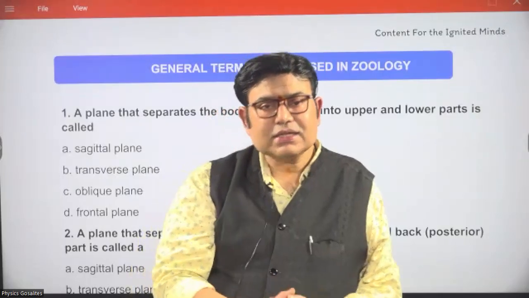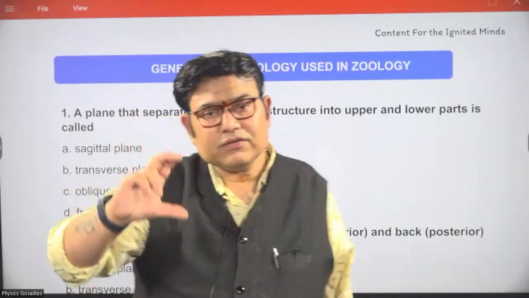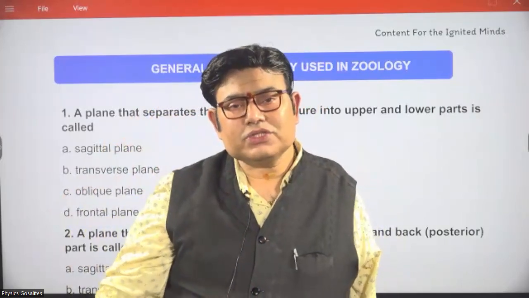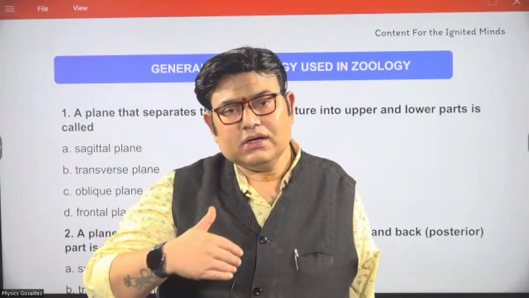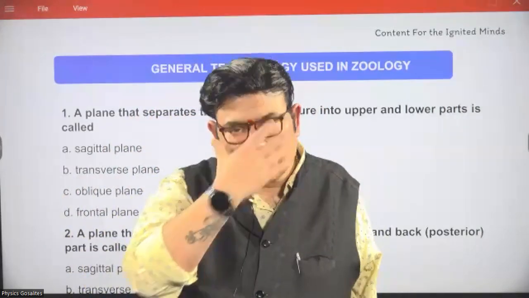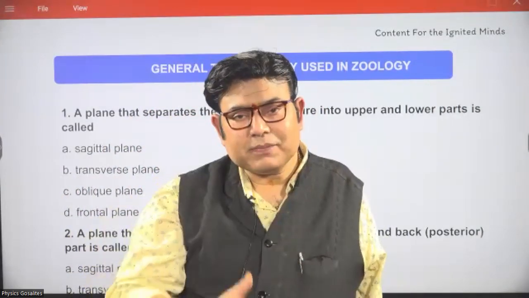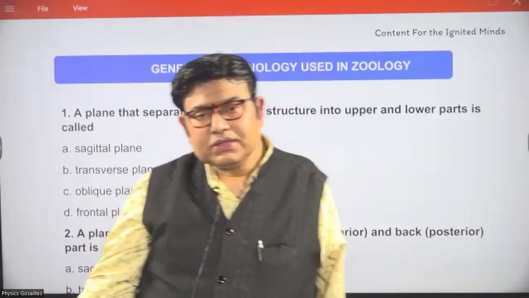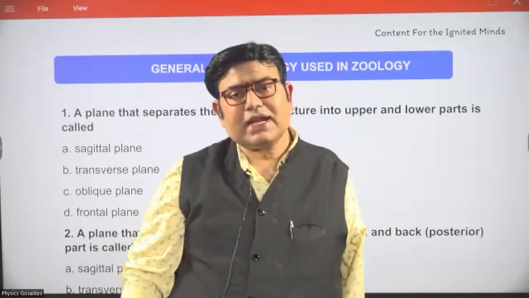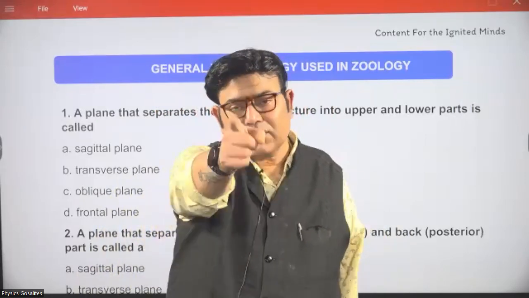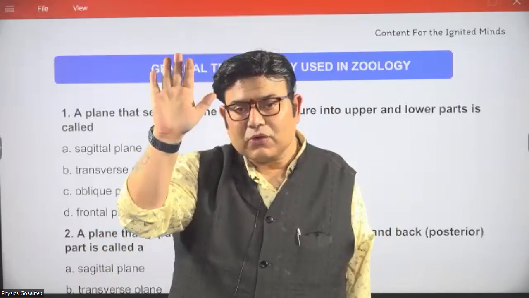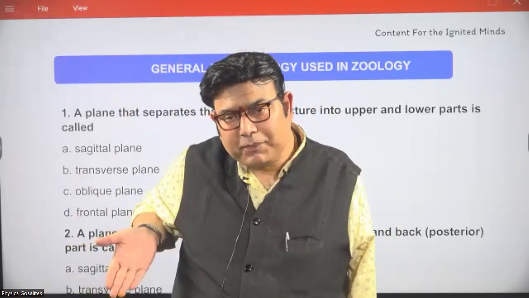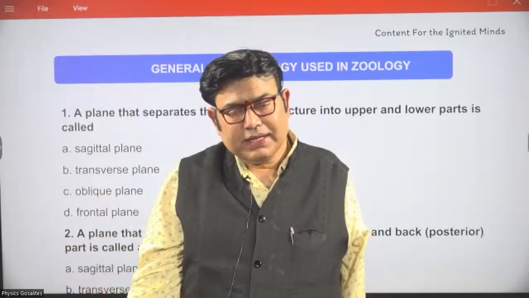In the last half an hour of yesterday's class, we discussed the anatomical position of the body, how we express in anatomy the planes, the position, and the sides, front, back. The anatomical position is a man standing straight, with the eyes forward and the hands open, meaning the palm is open to the outside.